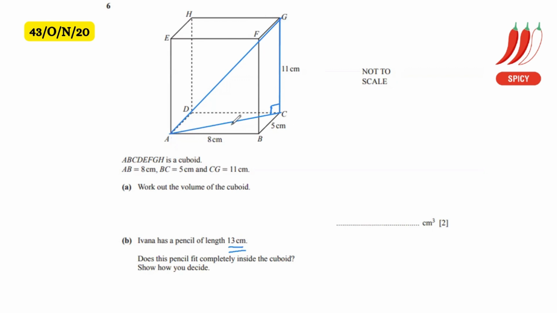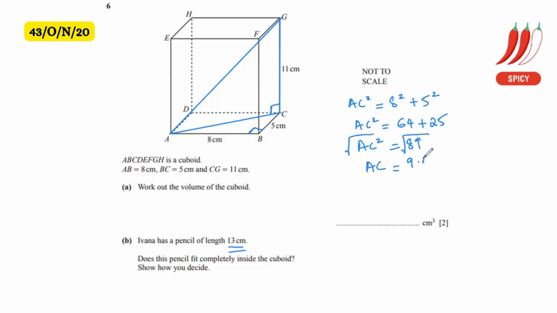So first we find AC using Pythagoras. As you can see, this is another right angle triangle. So AC squared equals 8 squared plus 5 squared, which is 64 plus 25. 64 plus 25 is going to give us 89. Square root both sides, and that equals 9.43 centimeters.